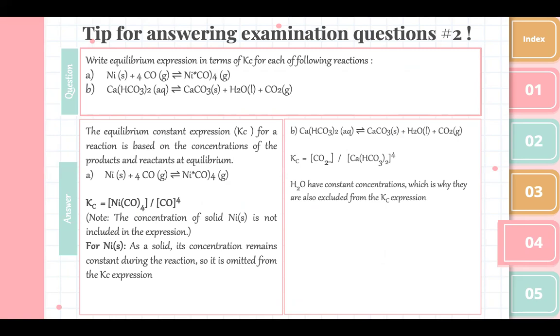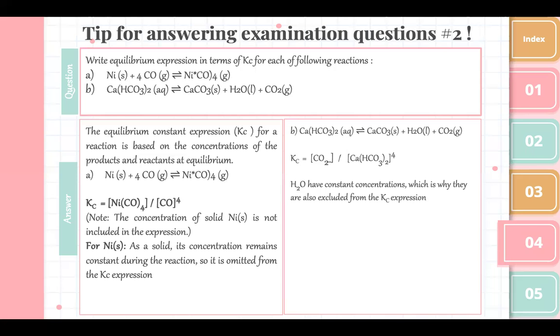So in this case, please note that nickel is a solid, and in the equilibrium expression, the concentrations of pure solids and pure liquids are not included. So only the concentrations of gases and aqueous solutions are considered.